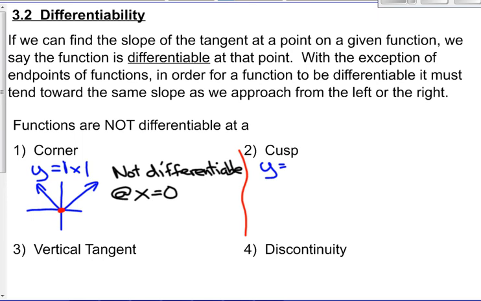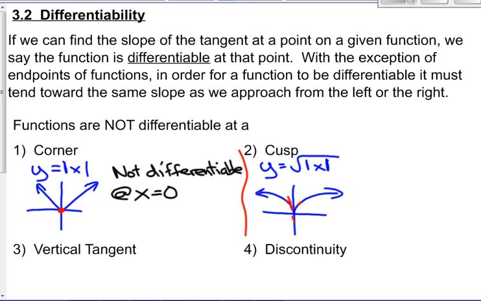A cusp is the same sort of thing, but involves curves. So if I had something like this, square root of the absolute value of x, that happens to look like this. And you could take your smartphone and graph it, and you'd see it looks something like this. Notice as we approach from the left, the slope would be negative infinity.